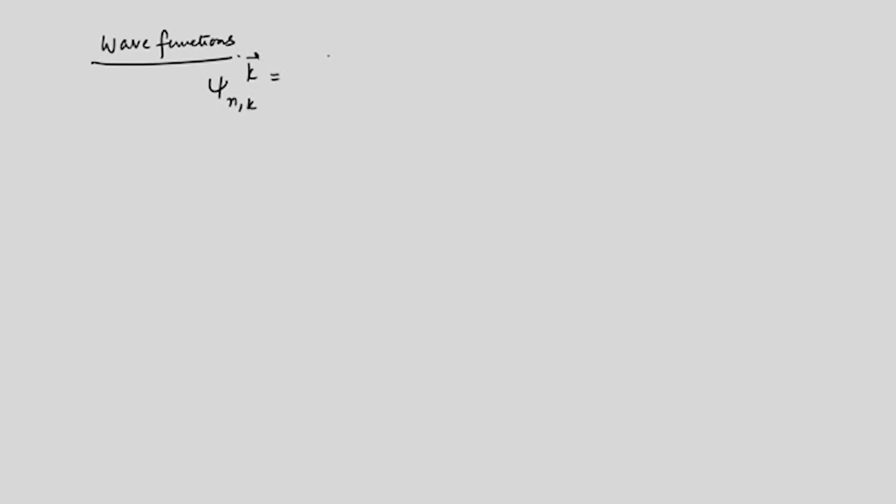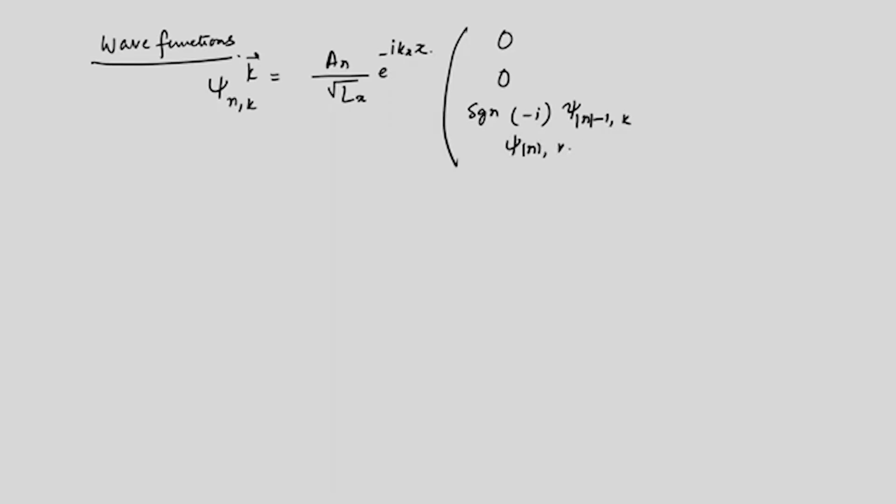So, this is equal to some a_n divided by some root over L_x, exponential minus i k_x x, so let us call it L_x, and now then you have a 0 0 sign of n minus i, and this is a sign n minus 1, psi_nk.